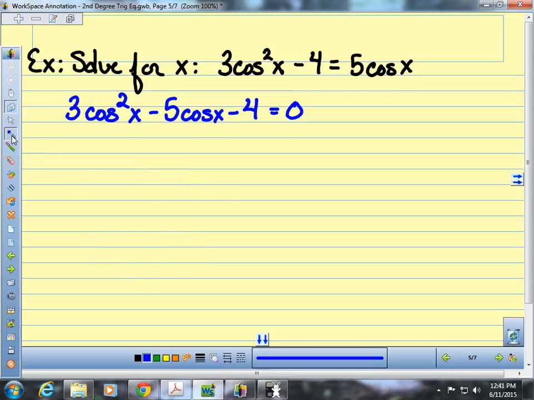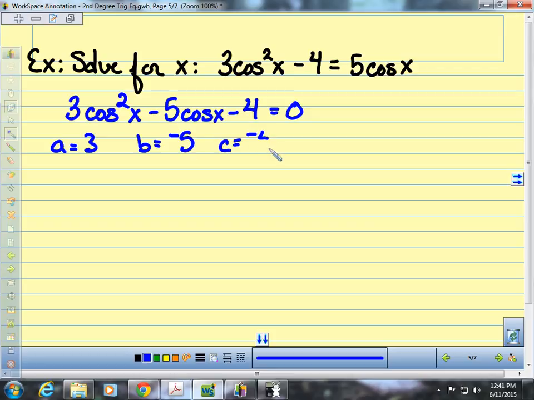We're going to solve this with what? Okay, so A is what? And this is important too, folks. Don't forget your negatives on B and C here. -5 and -4 for B and C. Okay? But we said the quadratic formula is not going to be x equals with trig. In this case, it's going to be cosine x equals.